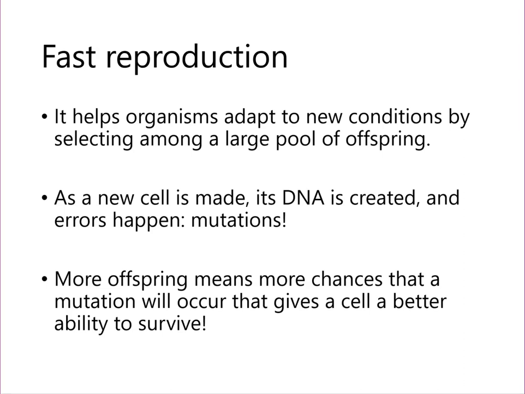All they have to do is copy their DNA and pull it to 2 different sides of the cell. But they don't have to go through that process of condensing it into chromosomes and paying attention to which chromosome is on which side. They just have 1 chromosome usually, and they're very good at dealing with that. And so a lot of bacteria can reproduce much, much faster than any eukaryotic cell can.